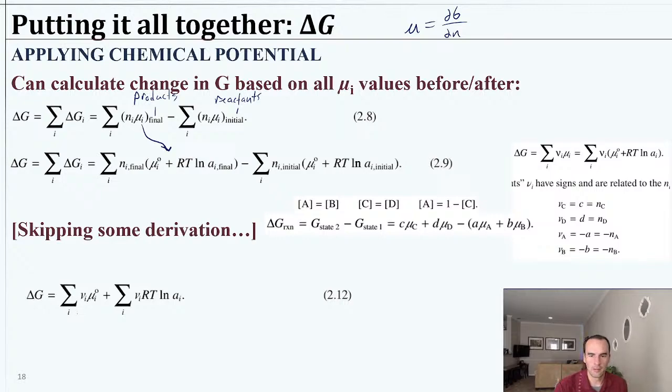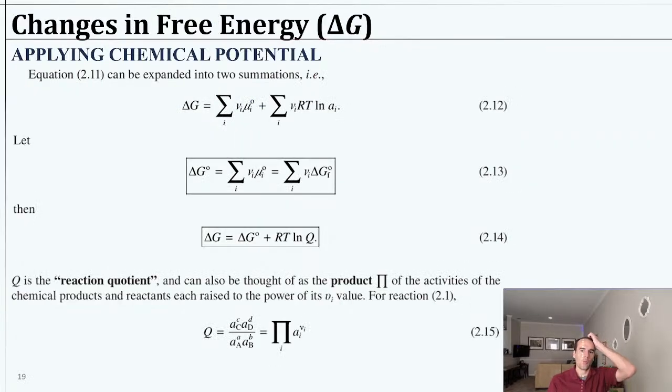That'll make a little more sense in a moment. So once we have that component, we can go from this V into a Q. And the Q is the reaction quotient, which was the products over the reactants.